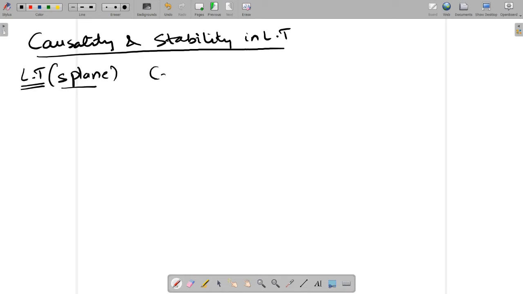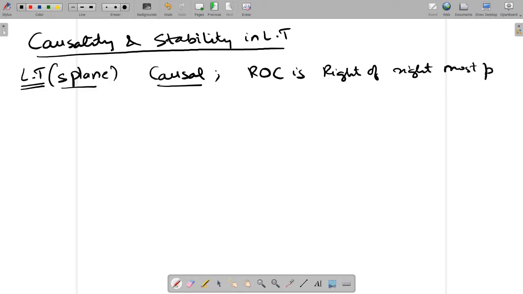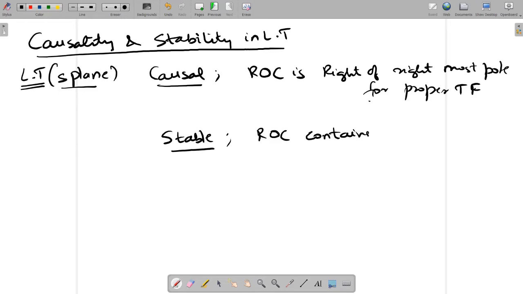It is going to be causal only and only if ROC is right of the rightmost pole for a proper transfer function, and the system or signal is stable only if ROC contains the j omega axis. Okay, let us check this out.